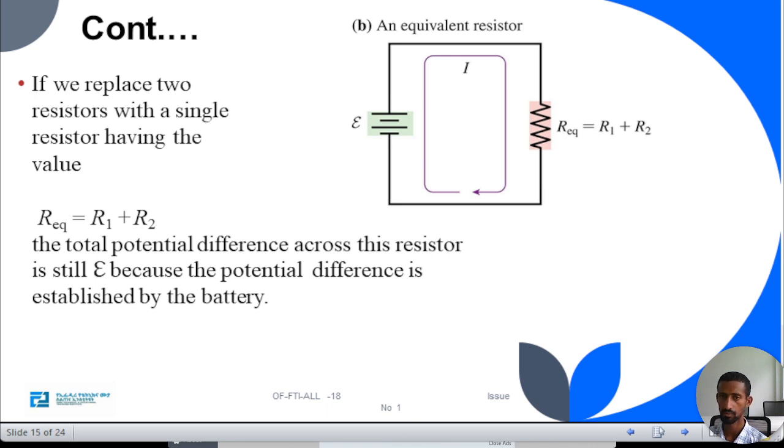If we replace the two resistors with a single resistor having the same value, that is R equivalent equal to R1 plus R2, the total potential difference across this resistor is still E, because the potential difference is established by the battery.